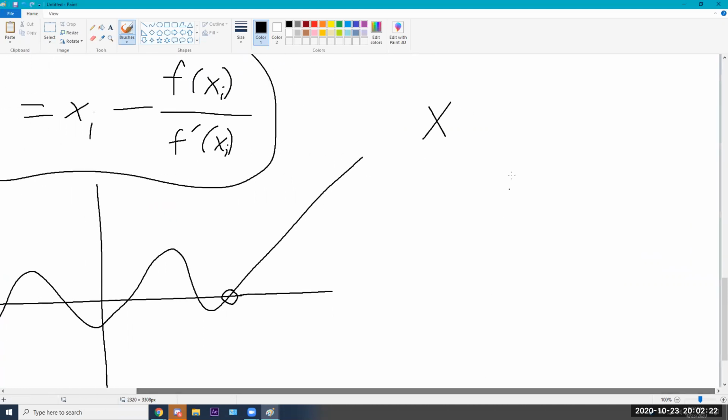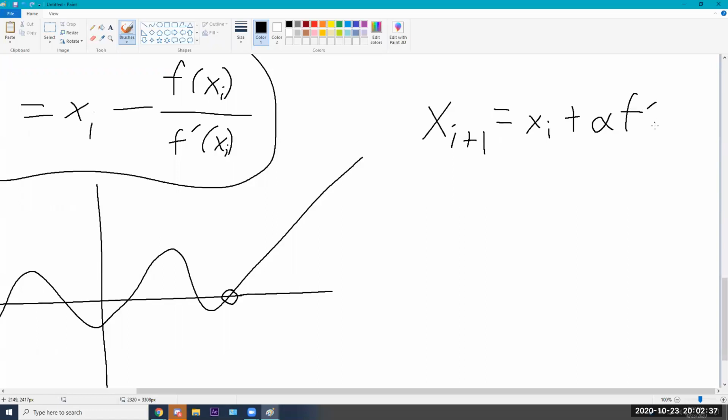x of i plus 1 is equal to x of i plus alpha f prime of x of i.